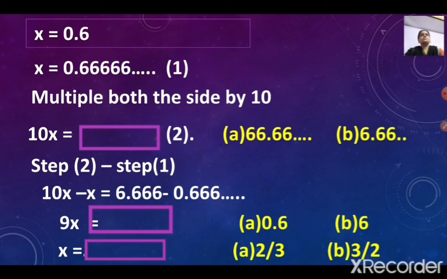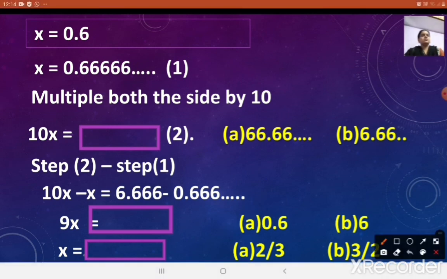Now 0.6, this is again the same as what? It is the same question as expressing the given number in P by Q form. Correct? So it is 0.6 bar. So 0.6 bar can be written as 0.666 and so on. Correct?